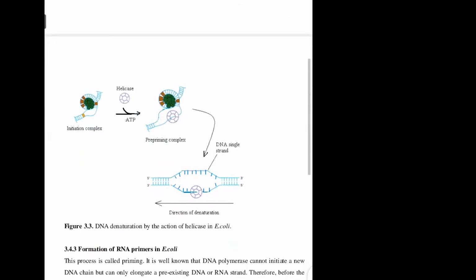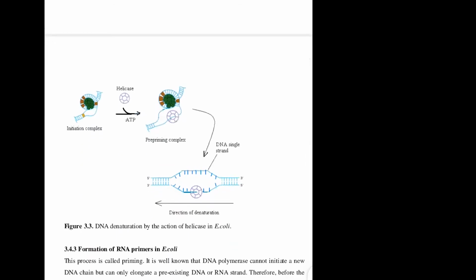Okay, so the denaturation of double-stranded DNA is in a specific direction known as the 5' to 3' direction. Then the single-strand binding protein prevents the double helix from rejoining, okay?